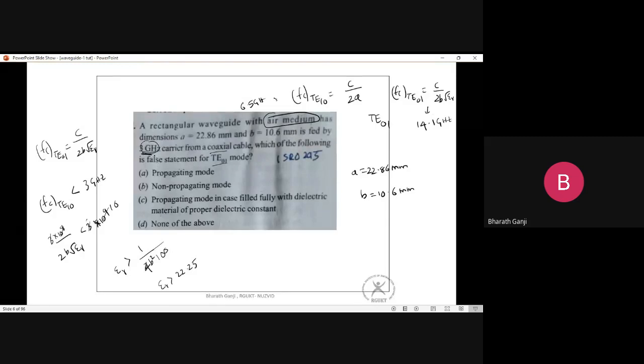So which statement is false? Okay, so T01 is definitely a non-propagating mode. As you said, epsilon r of 22.5 is not feasible actually, but it is possible. If you can find a dielectric like this, then maybe you can make it a propagating mode. So this is also possible, but what is not possible is to make it a propagating mode right now.